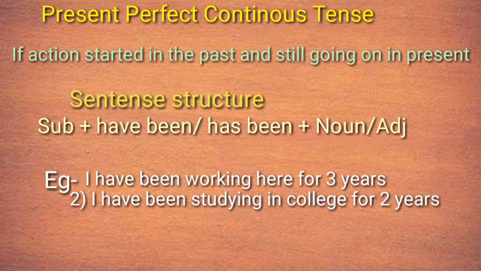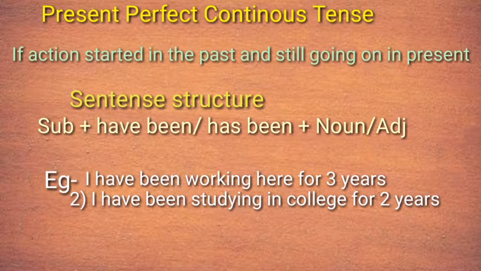It shows the time period of how long I am studying in this college, which shows that this action of studying started 2 years back and it's still continuing. We can use present perfect continuous tense.